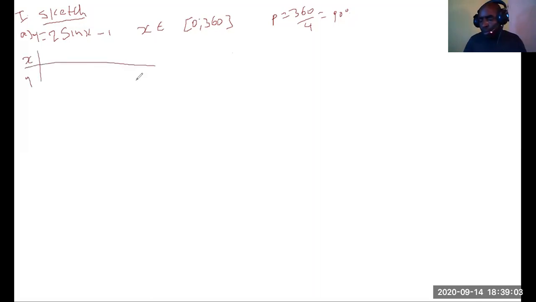Okay, we can actually go to the calculator. We go 7, then we have got 2 sine x minus 1. What is our starting point? We are starting from 0 degrees. We will end at 360, and our steps will be 90.